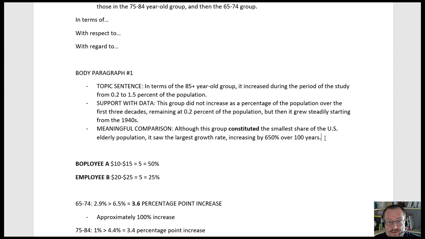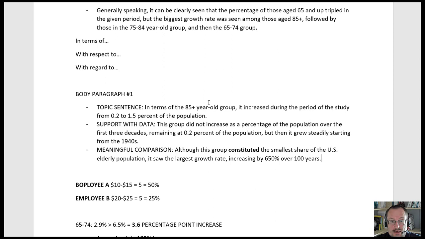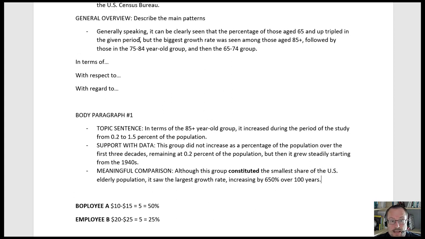Okay, so this is what I've got for my first body paragraph. We're starting with the 85-year-old group as per our general overview. In terms of the 85-plus-year-old group, it increased during the period of the study from 0.2 to 1.5% of the population.